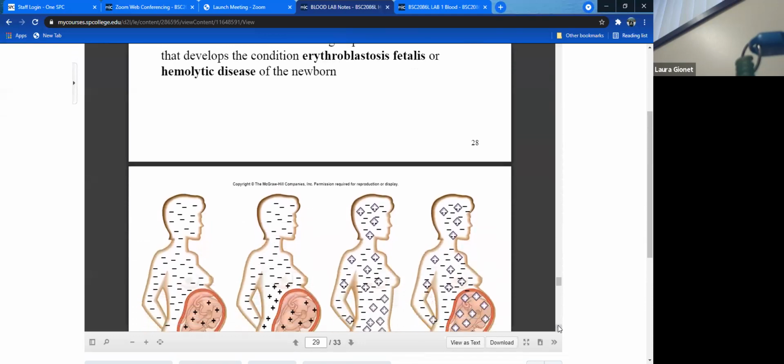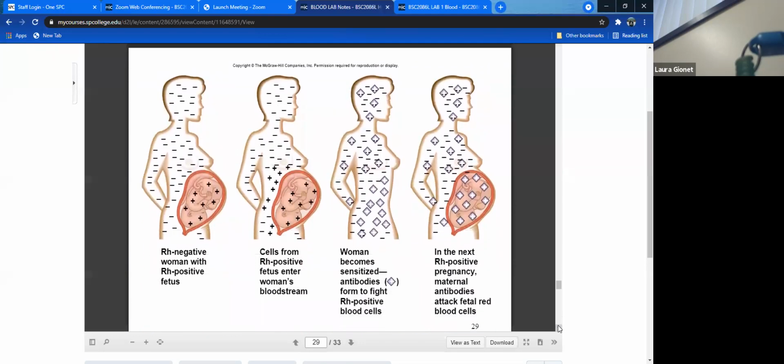I think it's rather interesting because this is why you need to know whether expectant mothers, if you're pregnant, whether the mother is Rh positive or Rh negative, very, very early to help protect the fetus. And what happens is if the mom is Rh negative, and the fetus is Rh positive because dad is maybe Rh positive, then mom can start to make antibodies once exposed to maybe some of the Rh positive blood of the developing fetus.